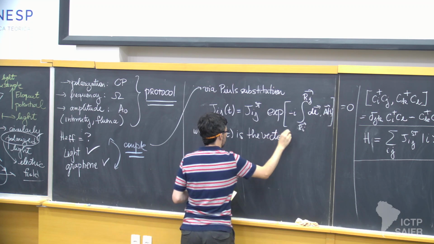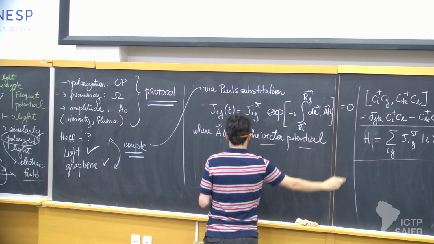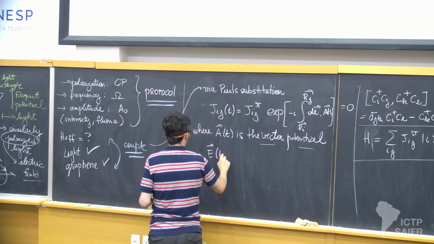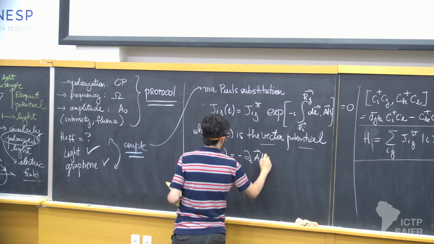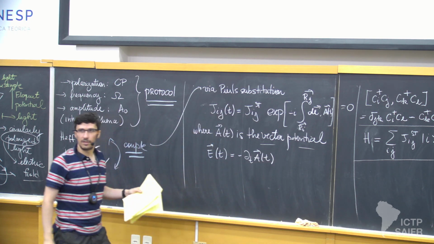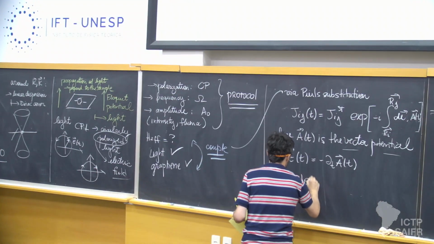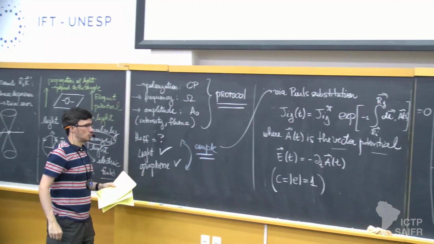This is called the vector potential. It's another thing from electrodynamics. E of t is minus the time derivative of A of t. And since we are talking about electrodynamics, I have to warn you that I'm also going to make c equals e equals 1. So one more thing that is going to be equal to 1.